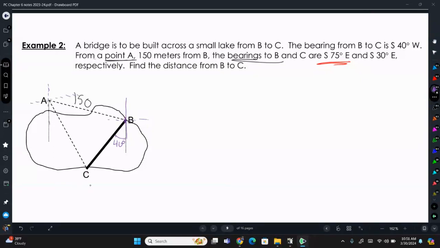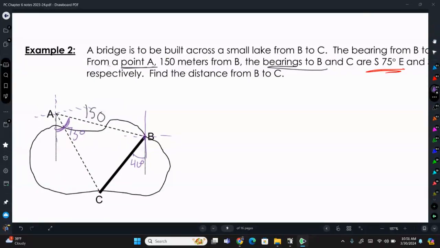It says south 75 degrees east. So south and then 75 degrees east. So this angle right here is 75 degrees. Well, let's go back and do that 150 there.